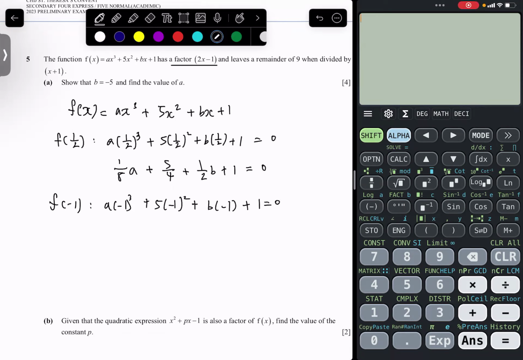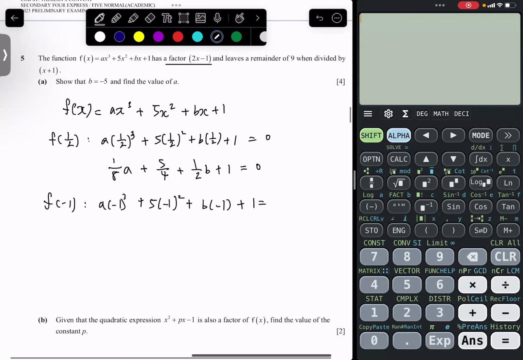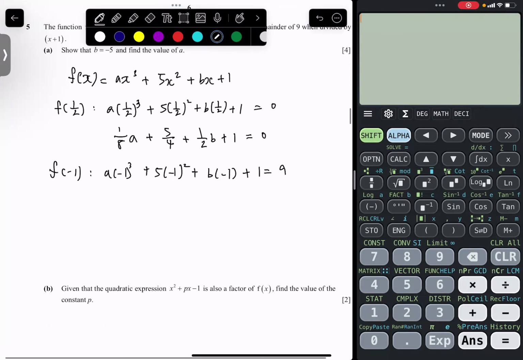Sorry, equals to 9, right? Equals to 9. So negative a plus 5 minus b plus 1 equals to 9. So negative a minus b equals to 3.